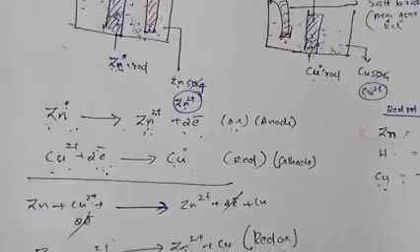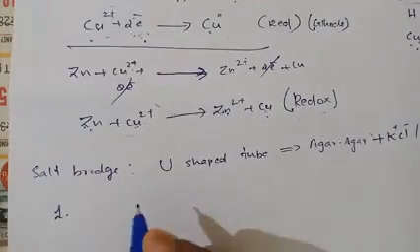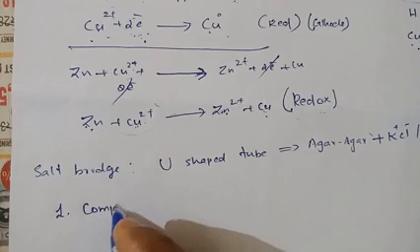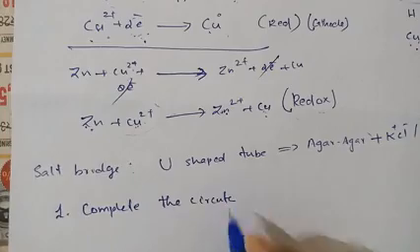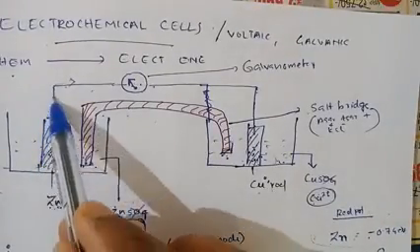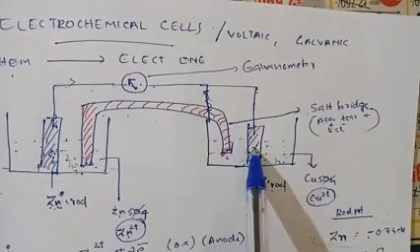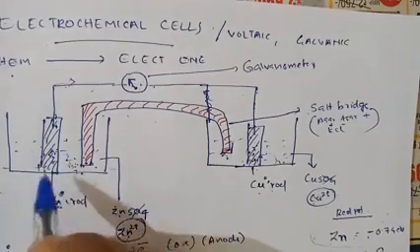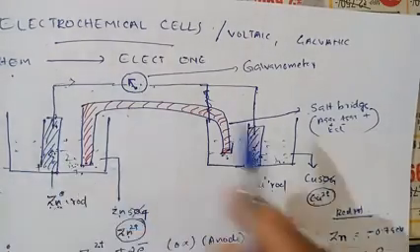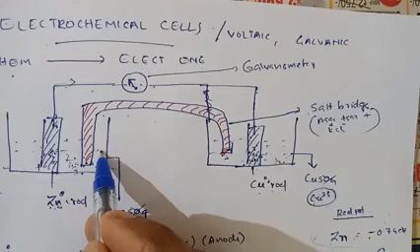What is the use of this salt bridge? There are two uses. The first use is to complete the circuit. Complete the circuit means the movement of electrons is from one point to another point. We have the zinc rod, copper rod, Cu2+ electrolyte, and zinc electrolyte.